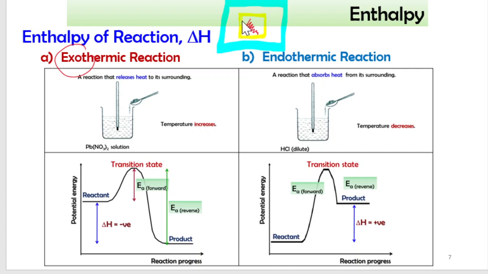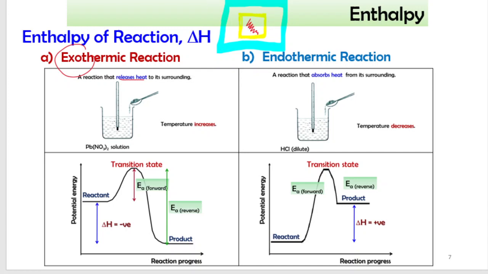So bila exothermic reaction berlaku dalam this container, you will release energy in form of heat to the surrounding. So maksudnya dari dalam sistem dia akan release heat pergi your surrounding, yang biru ni. Dia akan bebaskan heat.